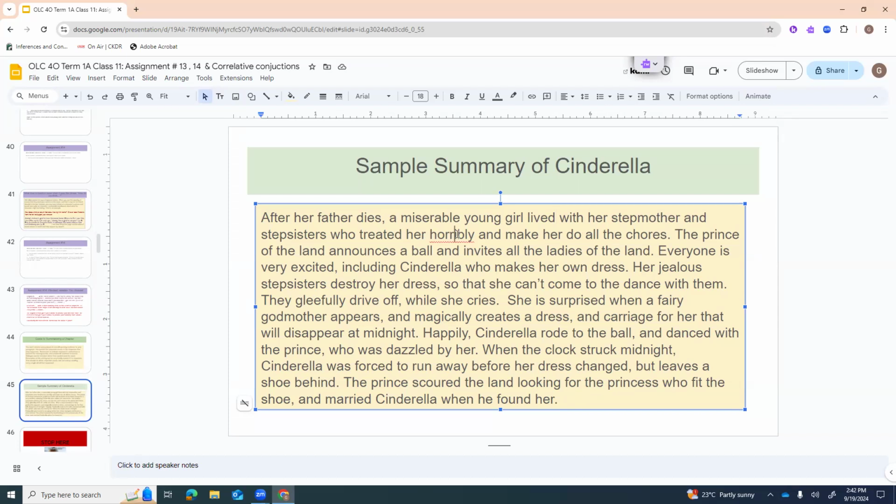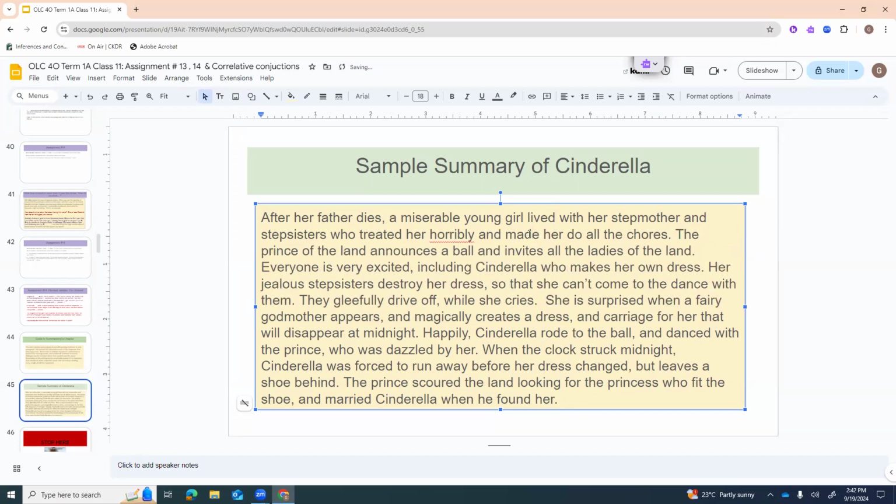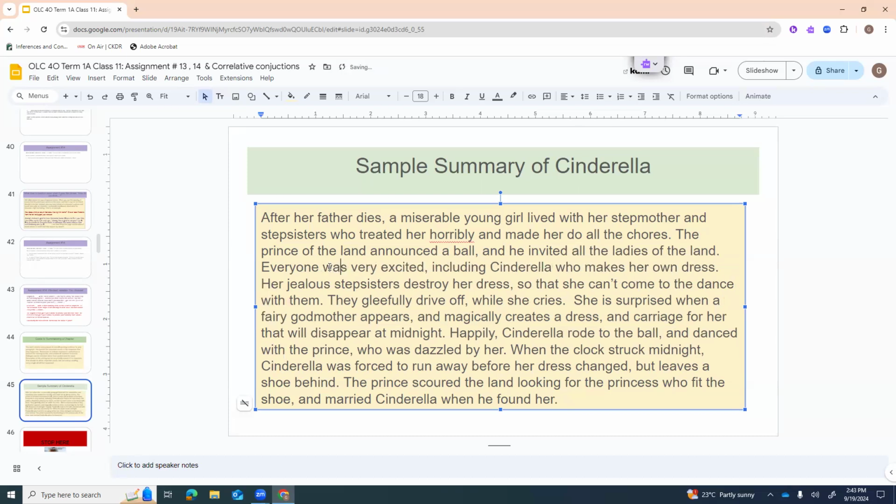She lived with her stepmother who treated her horribly and made her do all the chores. The prince of the land announced a ball, and he invited all the ladies of the land. Everyone was very excited, including Cinderella, who made her own dress.